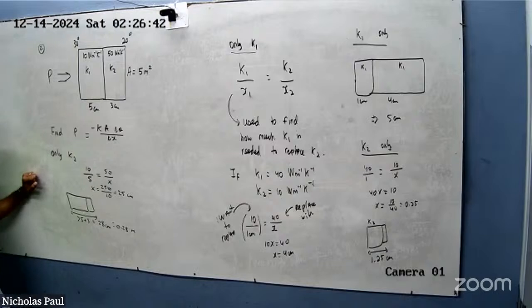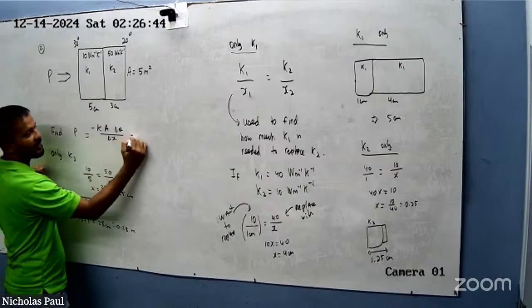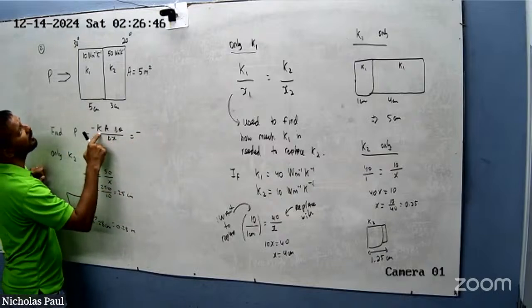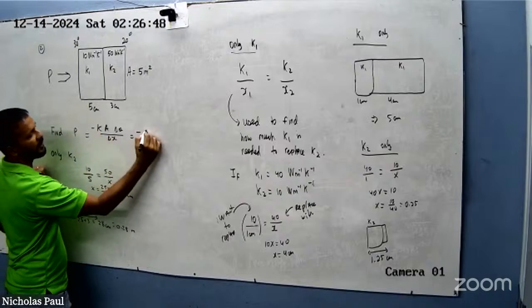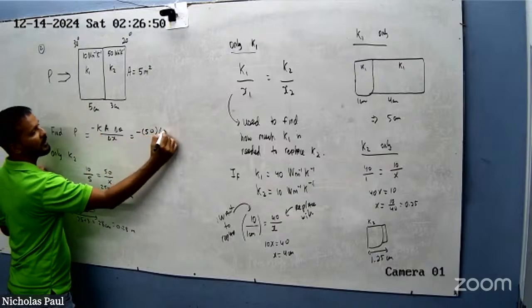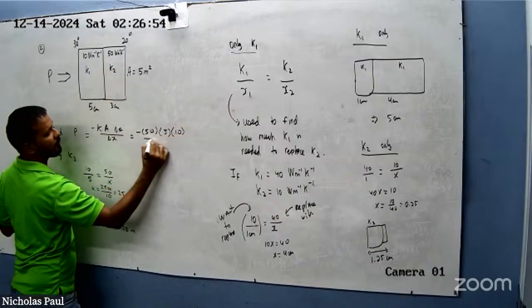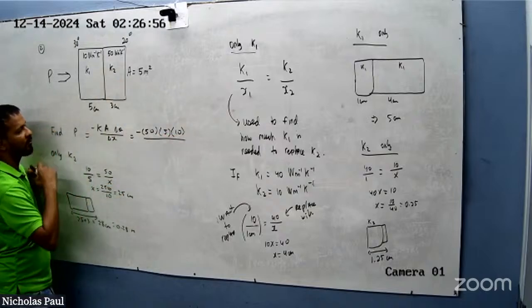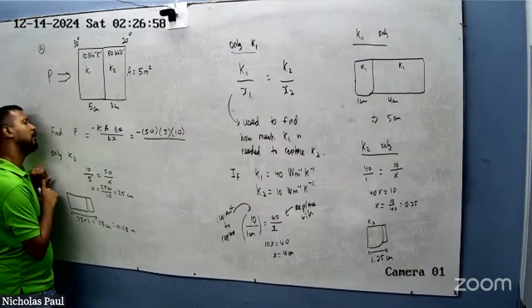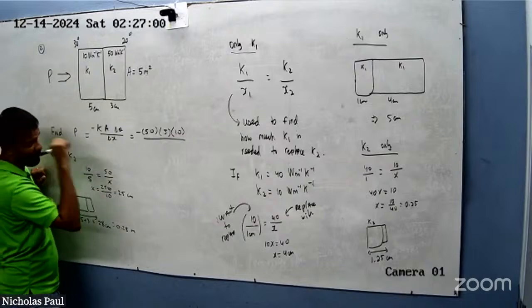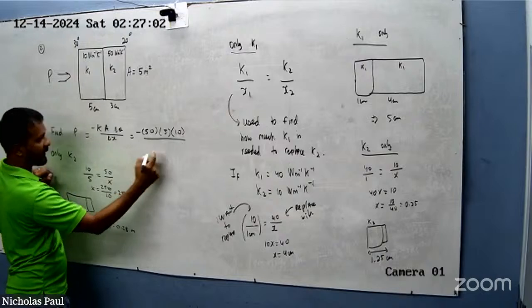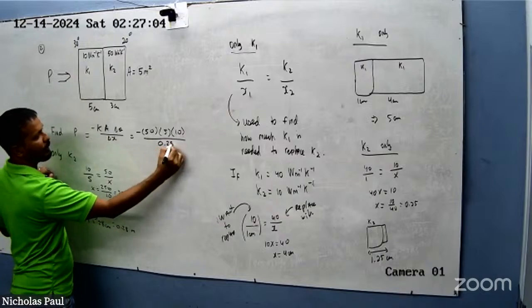Everything must be done in meters, right? So as you all said, K is 50, area is 5, temperature change is 10, and thickness is 0.28.